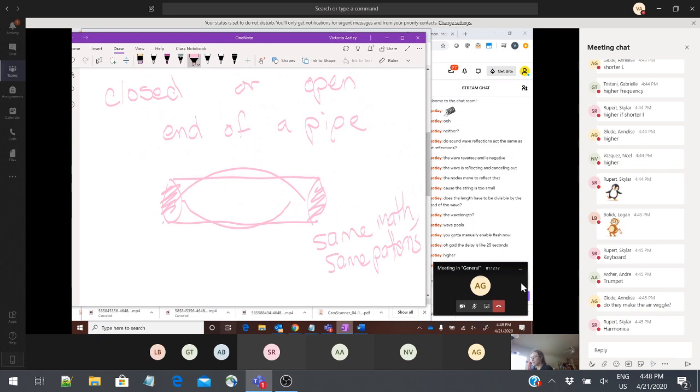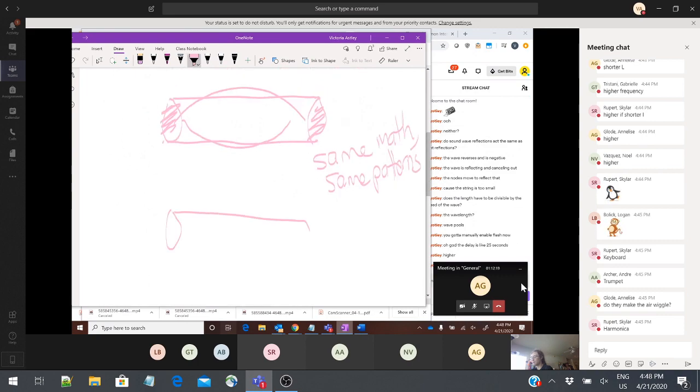If you have something that is open at both ends, still, now it's going to look a little different. It's going to look like this, because now I have an antinode right here and an antinode right here.